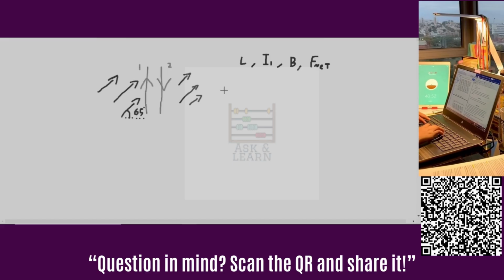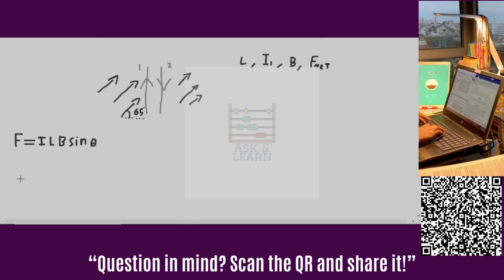It's very likely that the equation that we're going to use that involves all of these is the equation for the force, which says that the force is equal to the current I times the length L through which the current is traveling, times the magnetic field B, times the sine of the angle between them, or sine of theta. So this is the equation that we're going to want to use here.